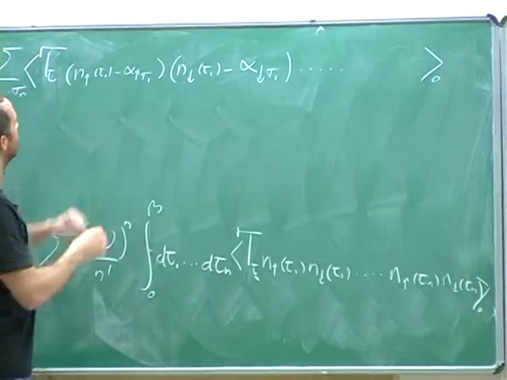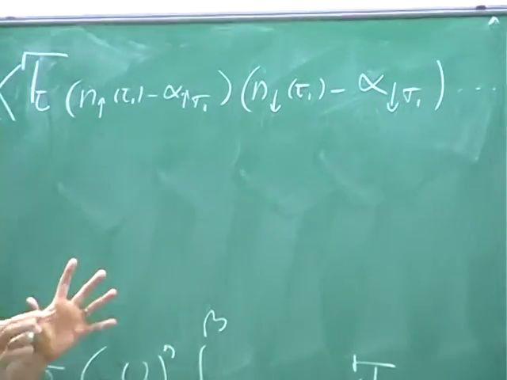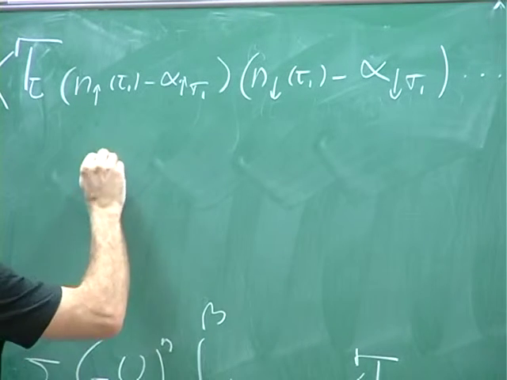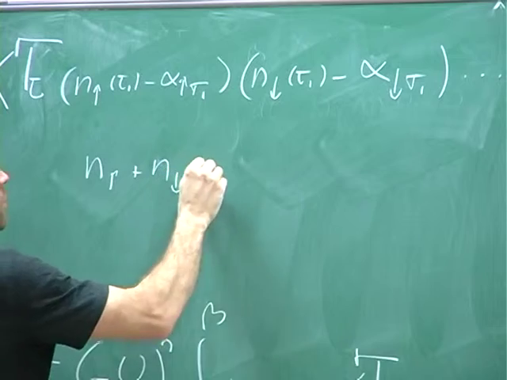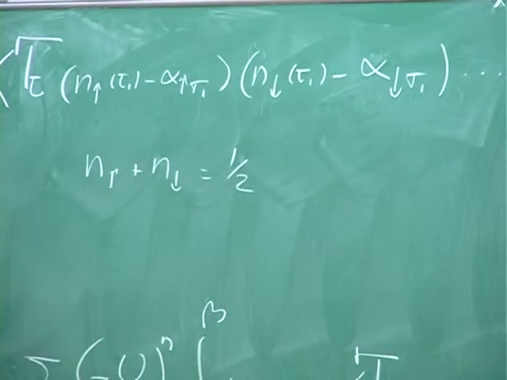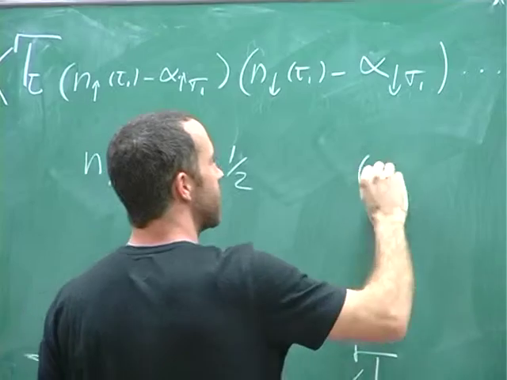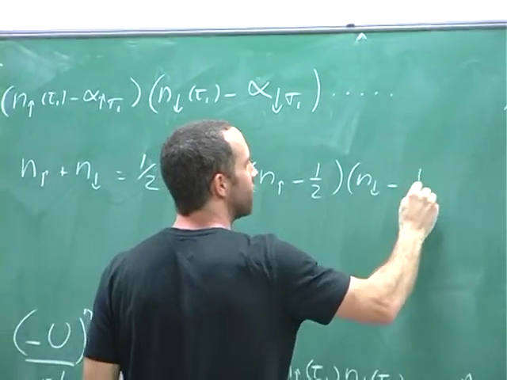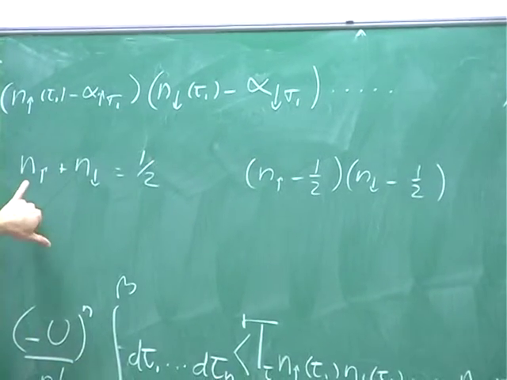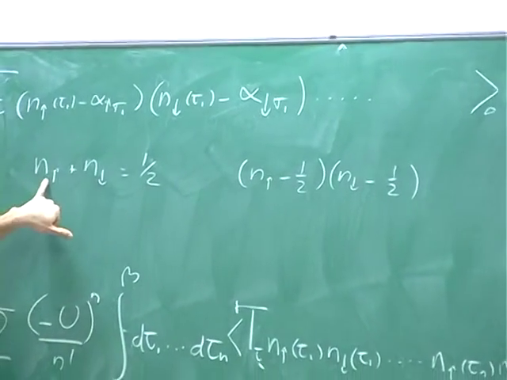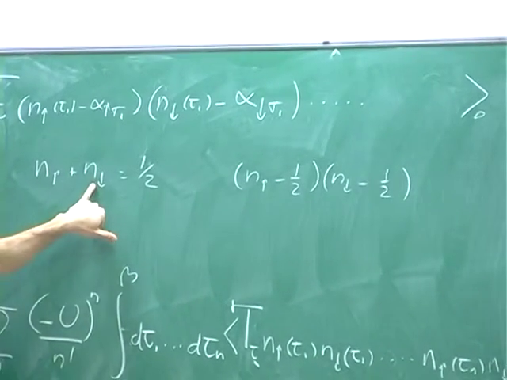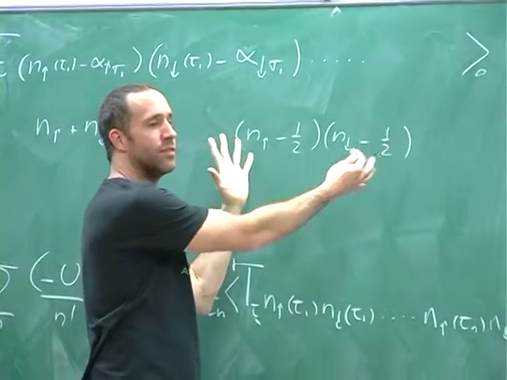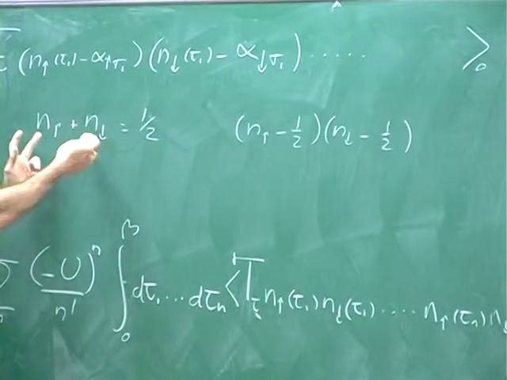Fine. Here, imagine I'm close to half filling, and I want n up plus n down to be 1. And I want to analyze this thing, n up minus 1/2 times n down minus 1/2. So if one is a little bigger than 1/2, then the other is a little smaller than 1/2. If this is a little bigger, this guy is positive, this is negative, the thing is negative. And this is true for all values that these guys can take.